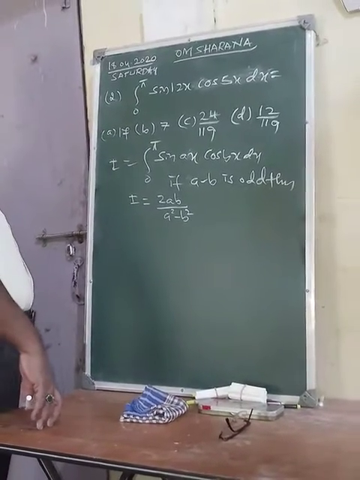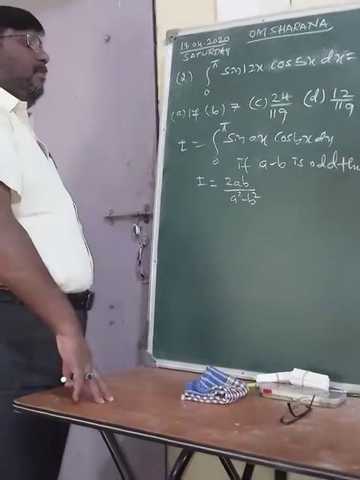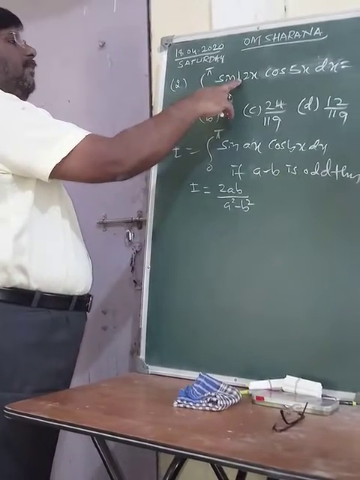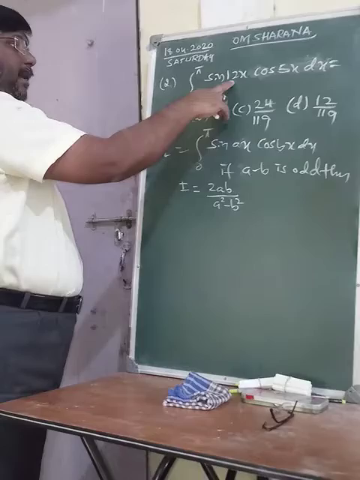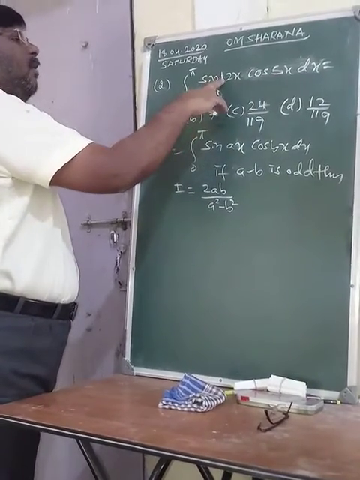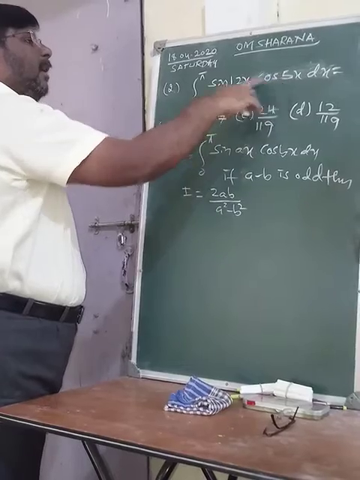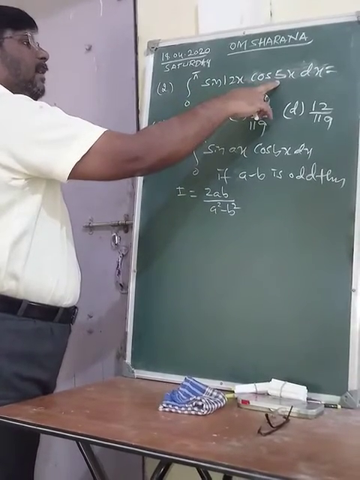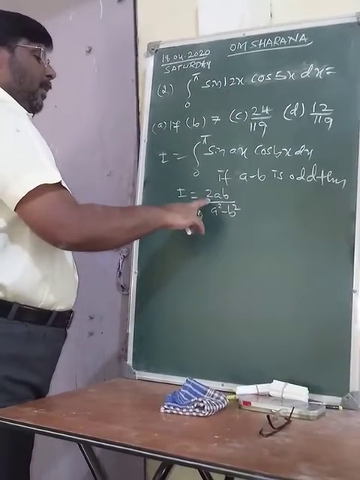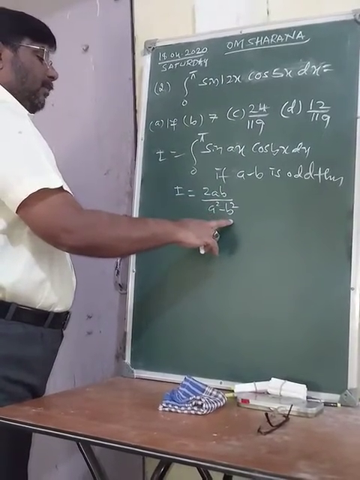If the difference is even, we have seen in the previous problem, the value was 0. So if the difference of a and b is odd, a is 12, b is 5, it is the same as the previous question. Only the difference of a and b is odd here.